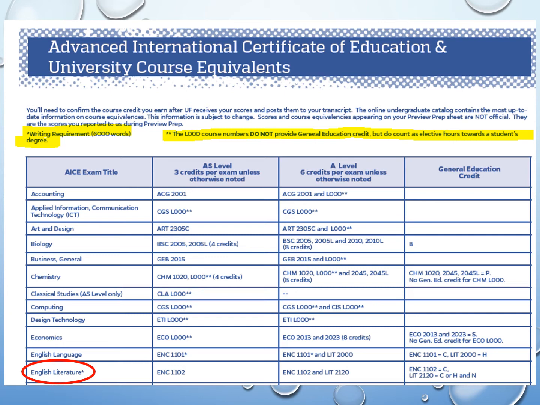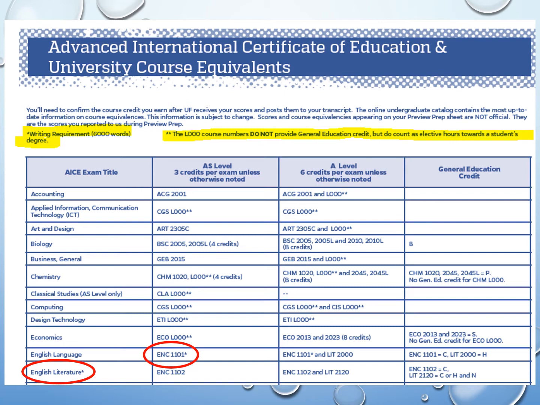Obviously, note again that if there's an asterisk or that number 2 in the exam title on the far left, that means that all of the courses that the student is earning in that row are going to give the student 6,000 words each. However, you may see that in some circumstances, you're only going to get words for one of the classes as opposed to both.